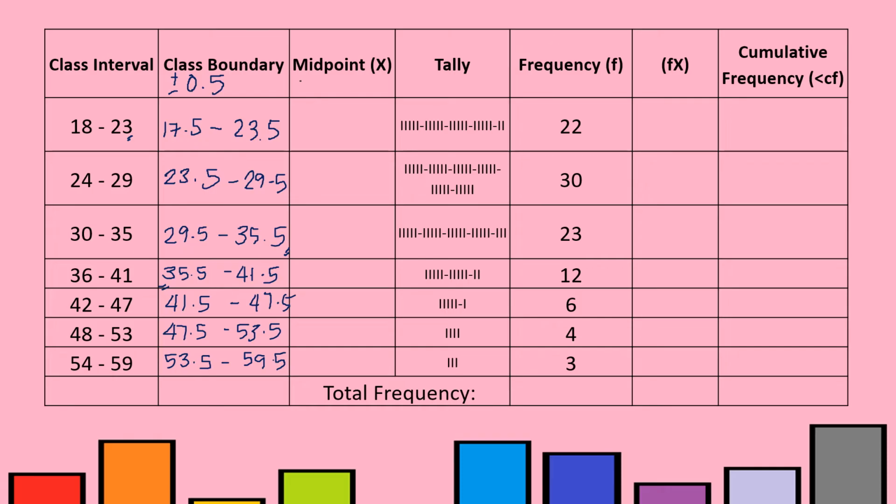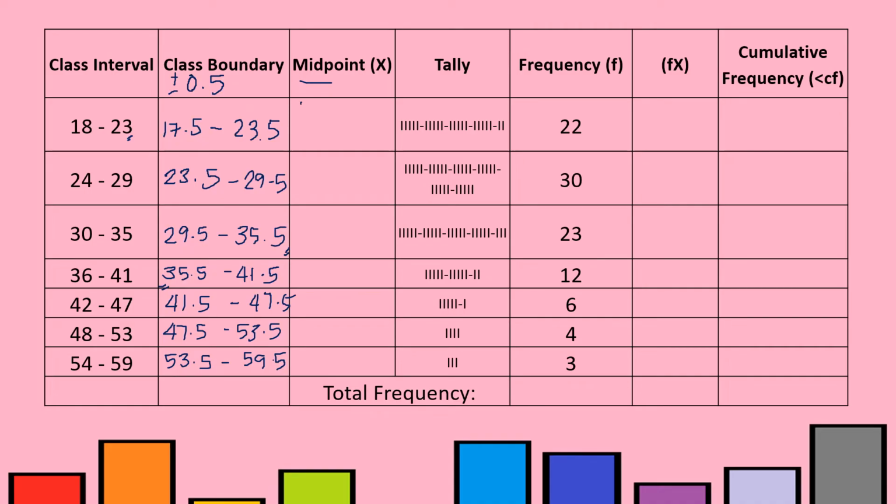Then let's have the midpoint. When we say midpoint, it's the middle point of the value. How are you going to get the midpoint of the class interval? Of course, you need to add the class interval.